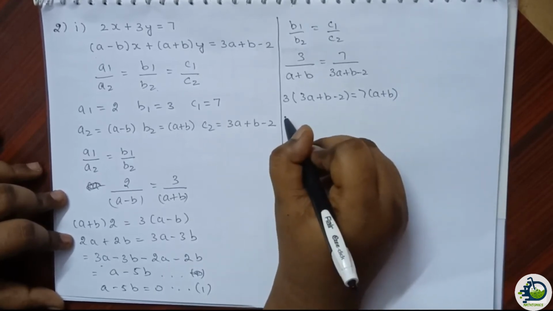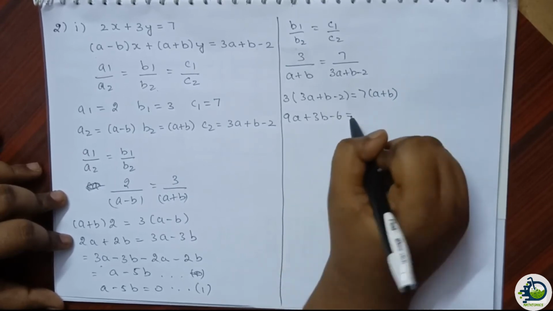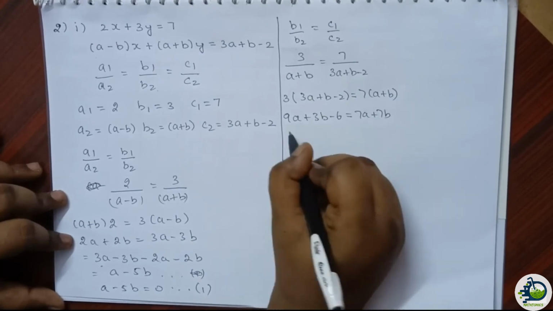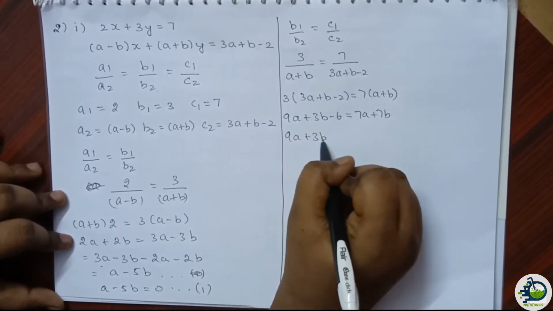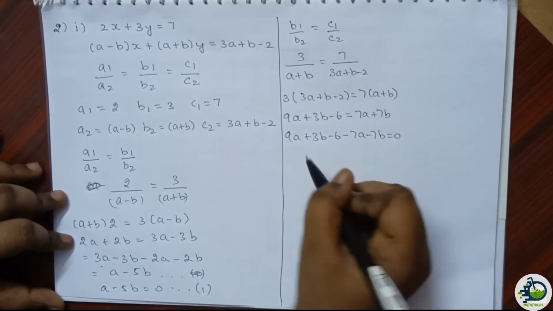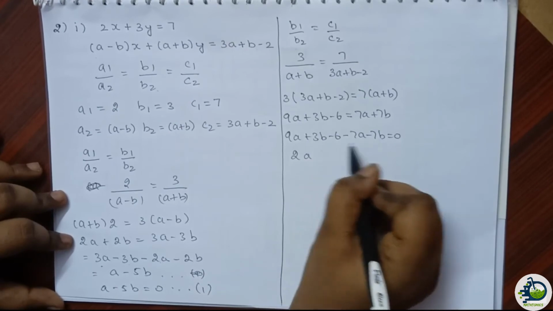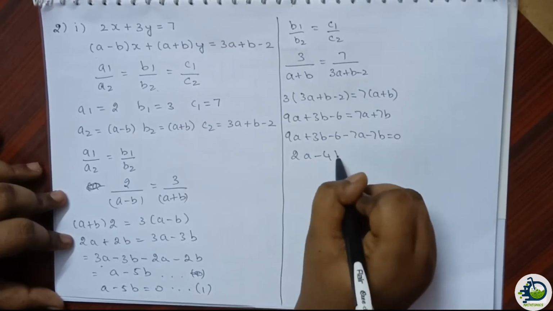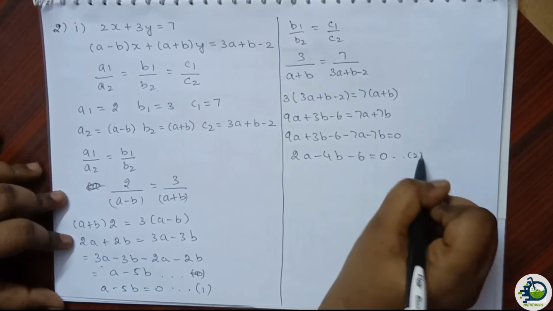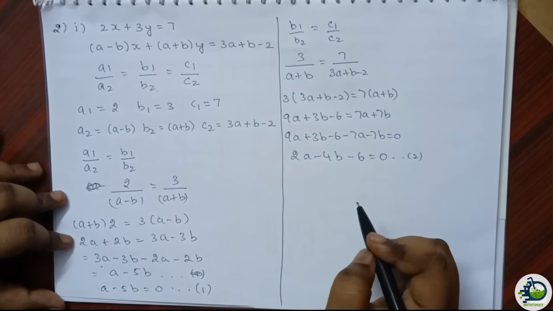When we multiply it inside, 9a plus 3b minus 6 is equal to 7a plus 7b. Bringing everything to one side, 9a plus 3b minus 6 minus 7a minus 7b equal to 0. So 9a minus 7a is 2a, 3b minus 7b is minus 4b, and minus 6 equal to 0. This is our second equation. Let us solve these equations by using the cross multiplication method.